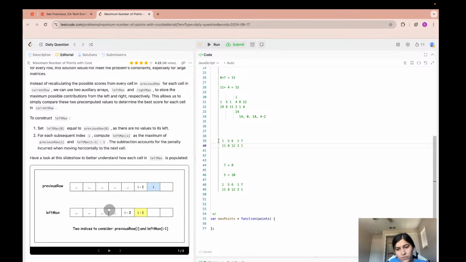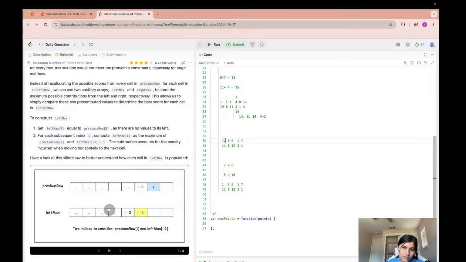So this is just about calculating the scores in my current row, because like I said, for every row I need to calculate which one is the maximum for this one. So this was the solution that I thought.